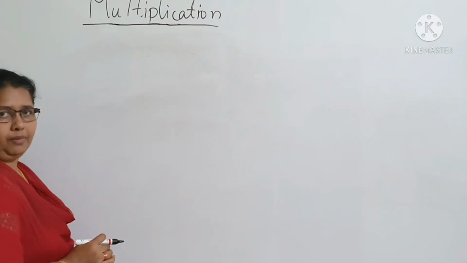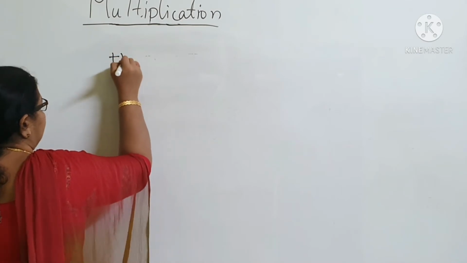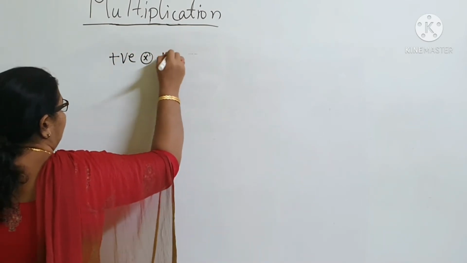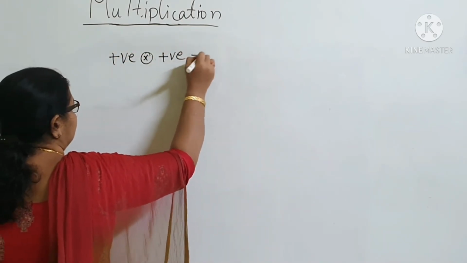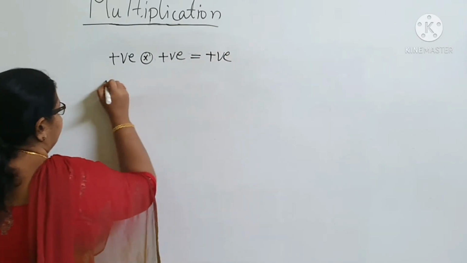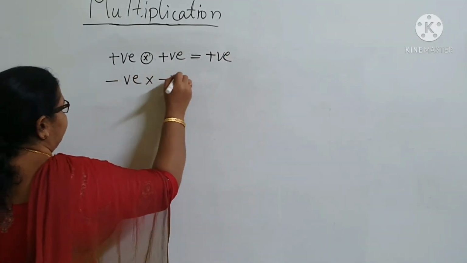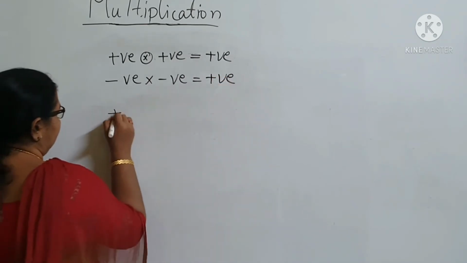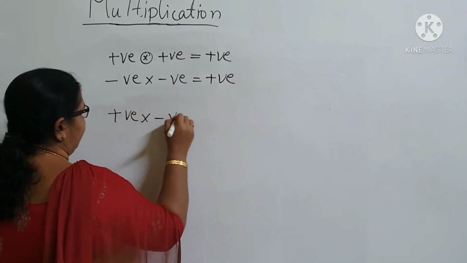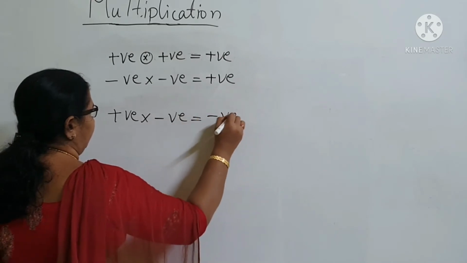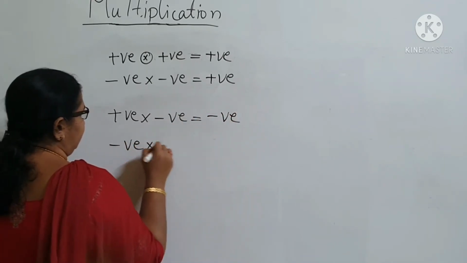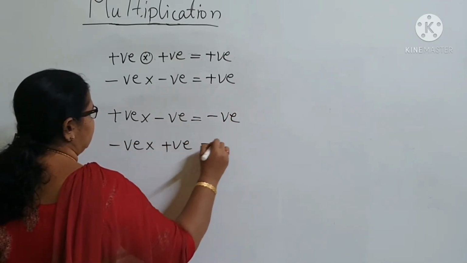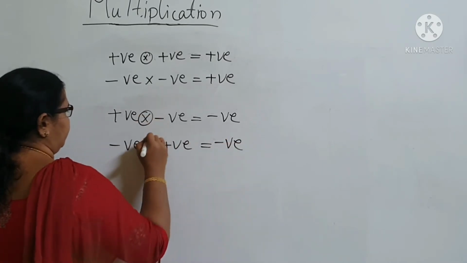The rules for multiplication are: positive into positive is positive. Negative into negative is also positive. Then positive into negative is negative. Negative into positive is also negative.